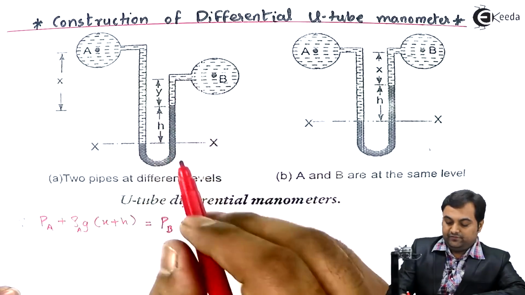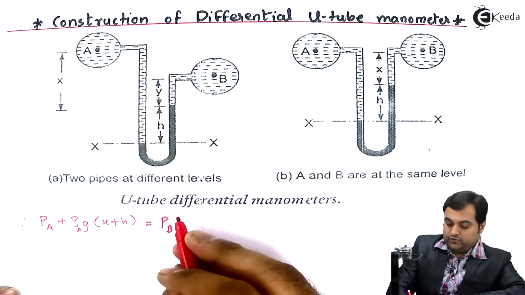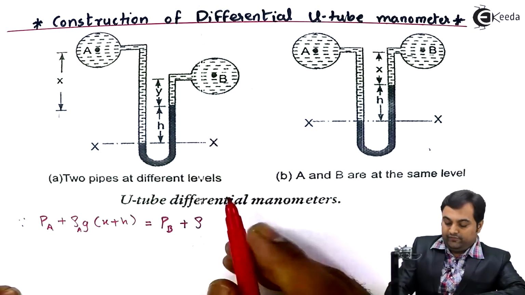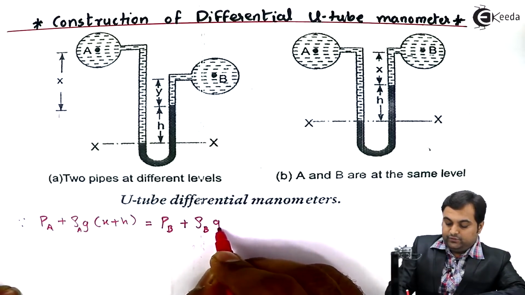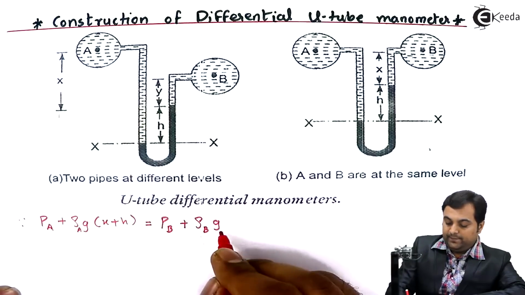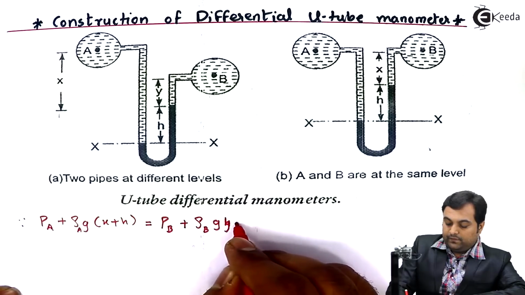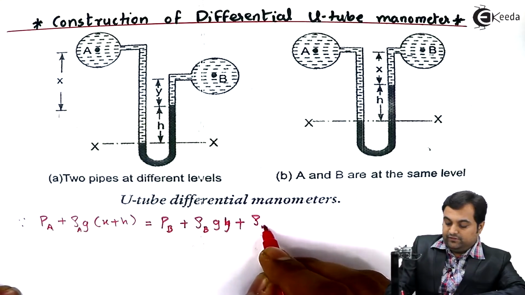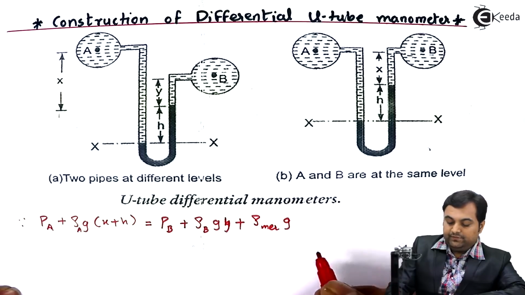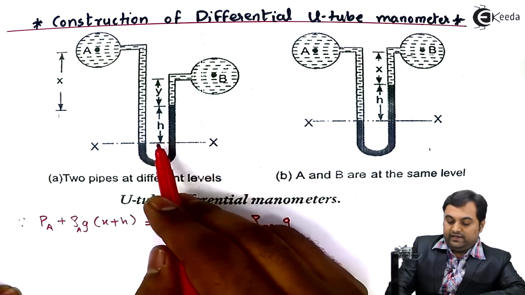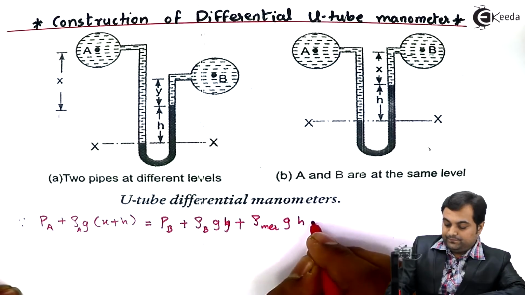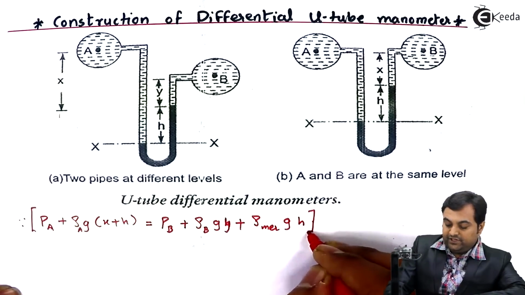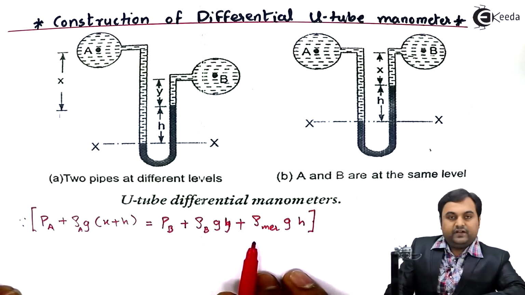So first I'll consider the fluid, its height is Y, so I'll write plus rho B, the density of fluid in pipeline B, into G into its height, that is Y, plus the density of mercury into G, that is acceleration due to gravity, and the height of mercury H. Now I have written the pressure equation for the left limb and the right limb.